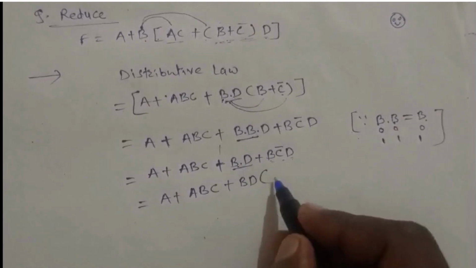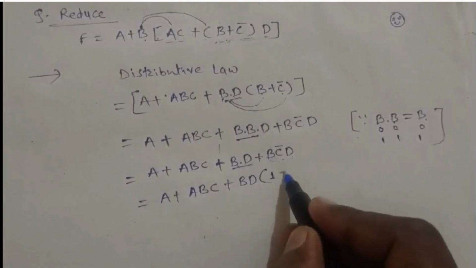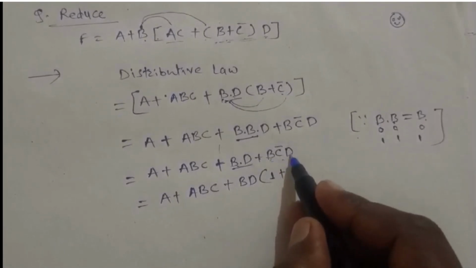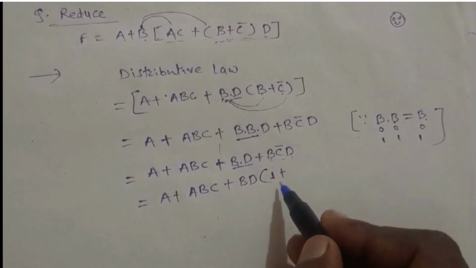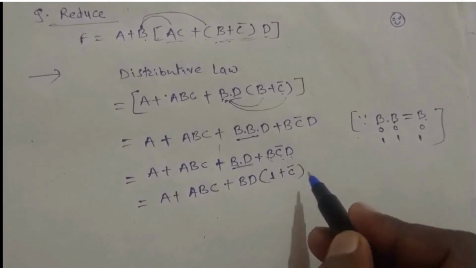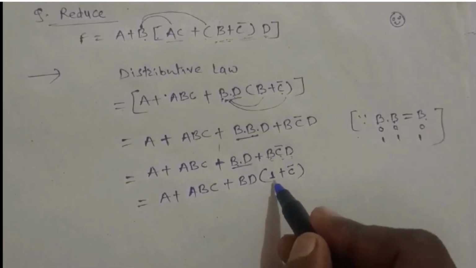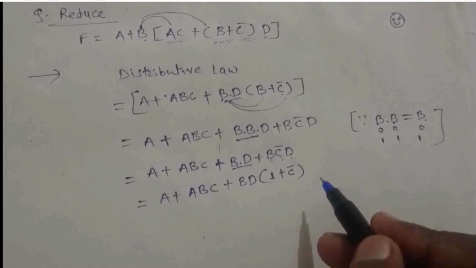What will remain here? 1 only, plus as it is, and here B and D get out of this bracket and it will remain only C bar. Here BD is common and 1 plus C bar remaining.